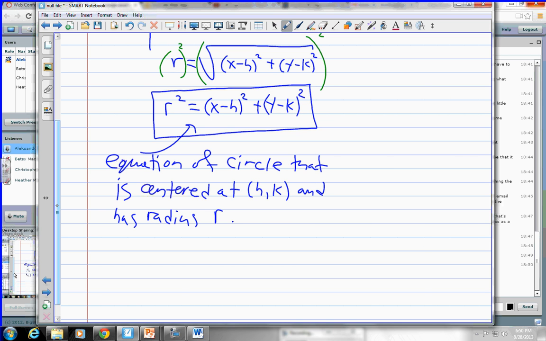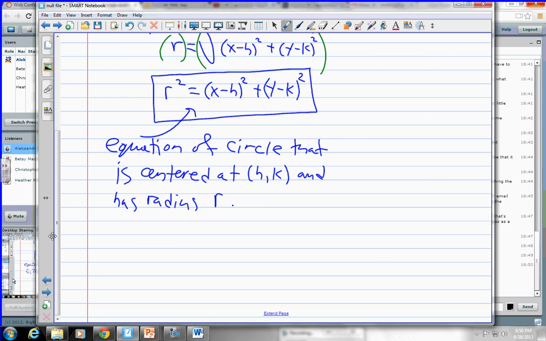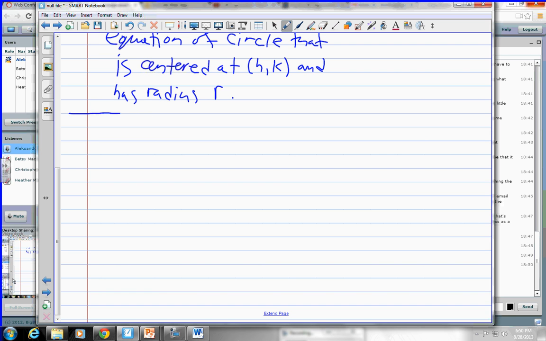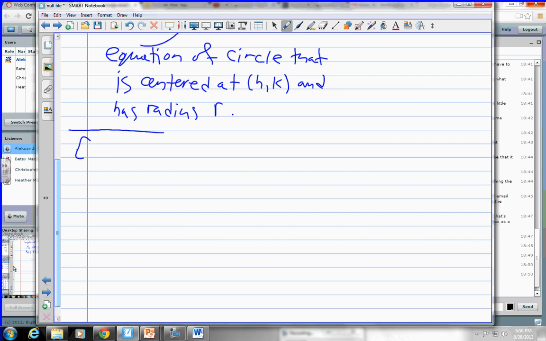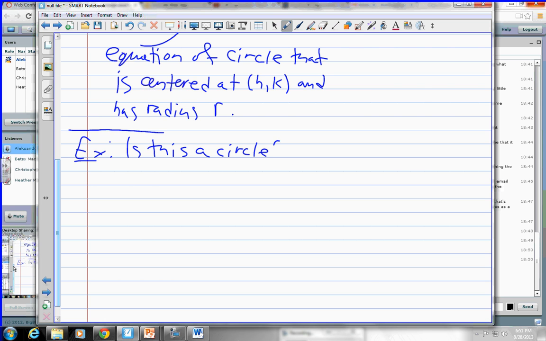So let me do an example. I'm going to write something on the board. And you will answer two questions. Well, three questions. First question, are we looking at a circle? And if yes, then state the center and the radius. Does that make sense? So I'm going to write something. So is this a circle?